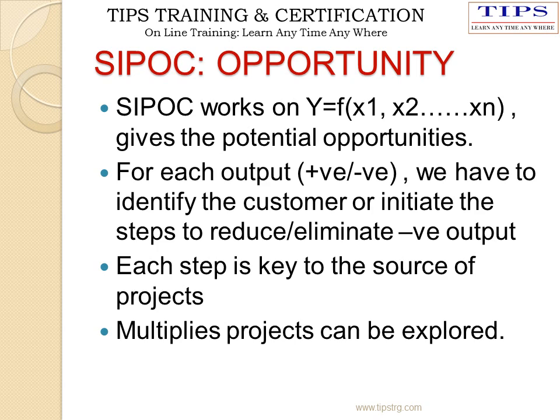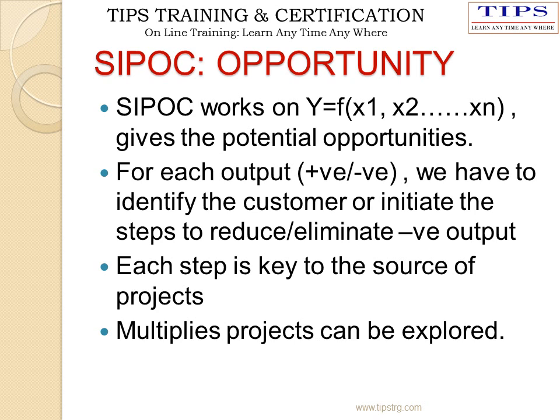For each output, positive or negative, we have to identify the customers or initiate steps to reduce or eliminate the negative output. For example, in a thermal power station, after burning of the coal, the positive output is energy or electricity, whereas the negative output is ash.